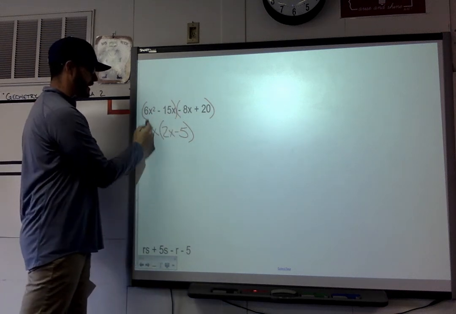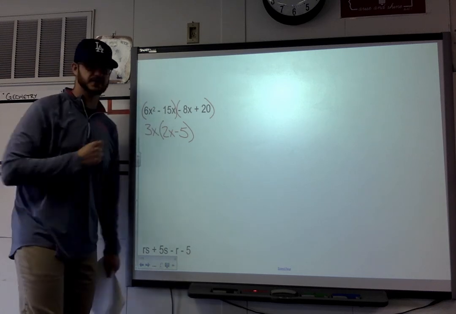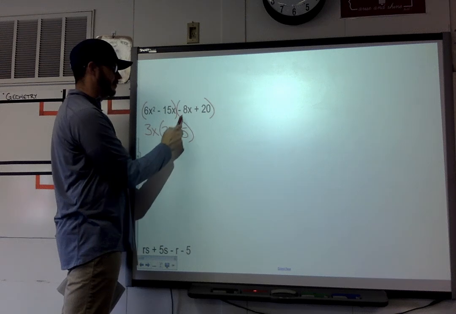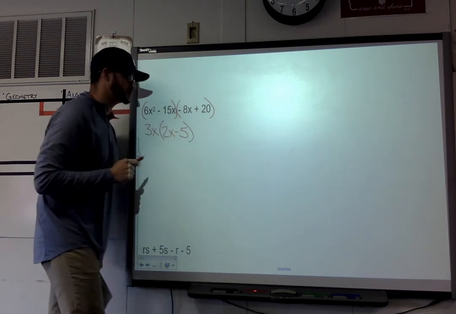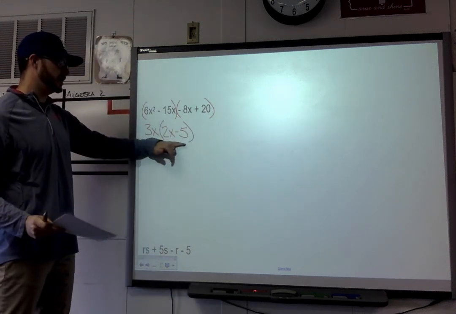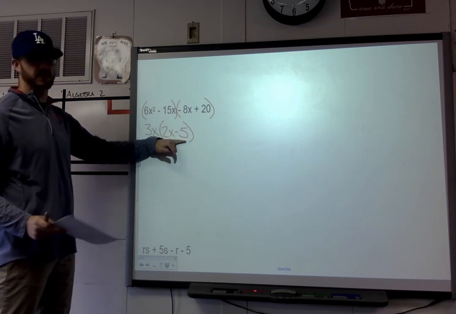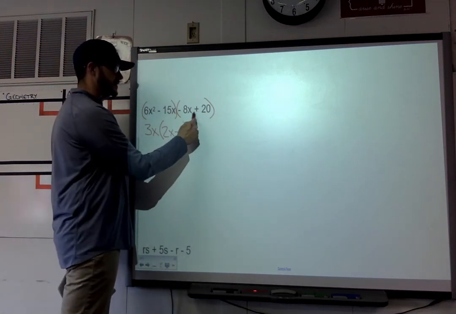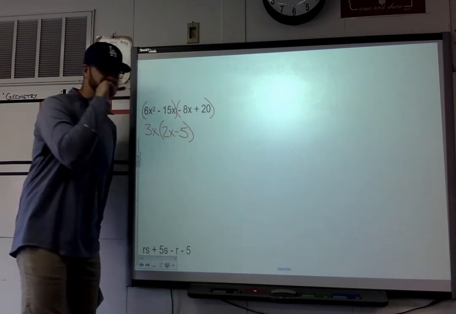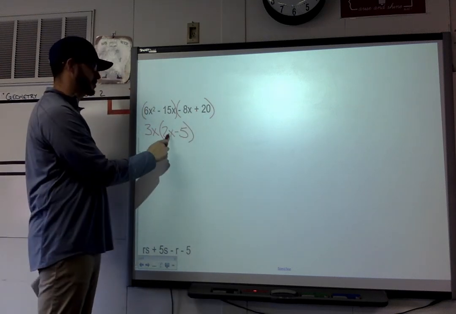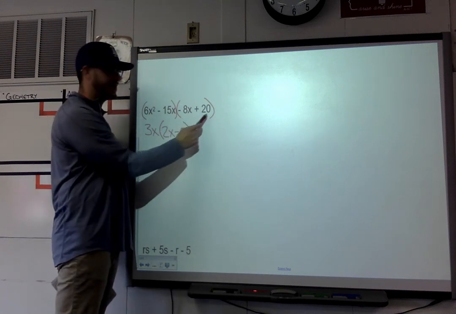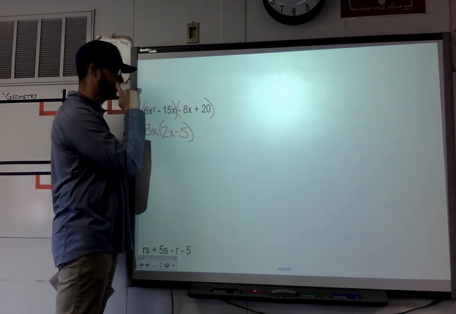So we already pulled out the 3x from 6x squared minus 15x. Now we need to see what can we pull out from negative 8x plus 20, and we know that we need to be left with 2x minus 5. So since we know that this addition needs to turn into subtraction because we need to be left with 2x minus 5, we know we need to pull a negative out of this whole thing.